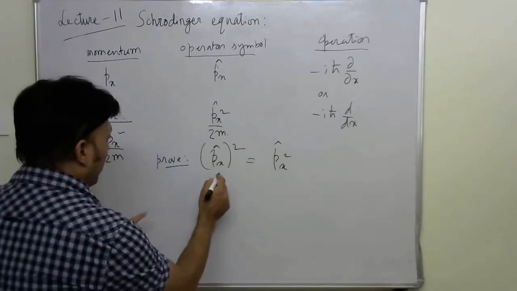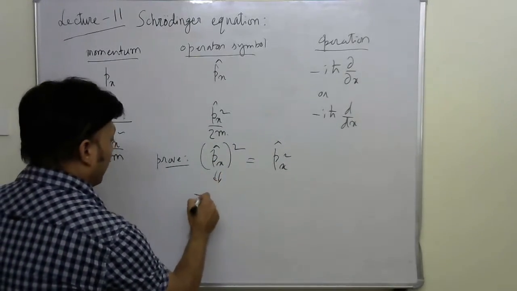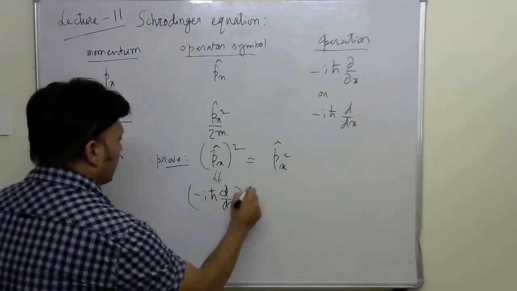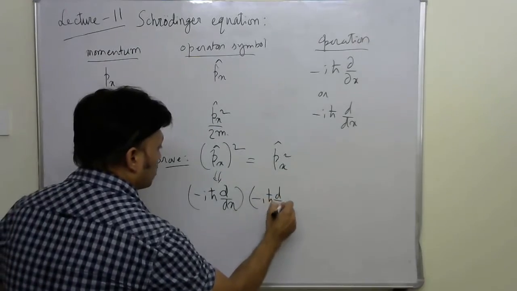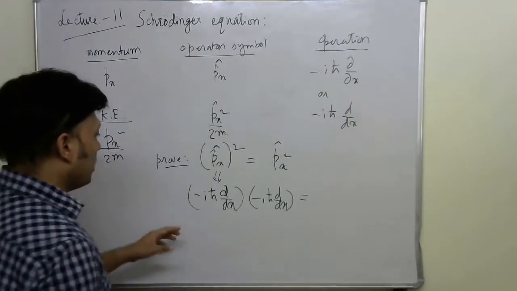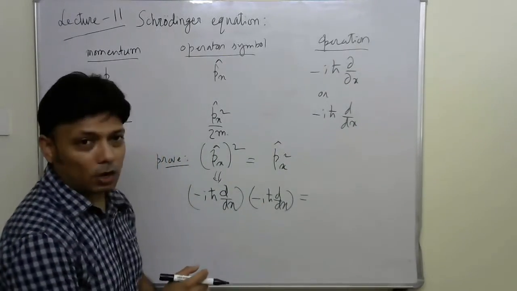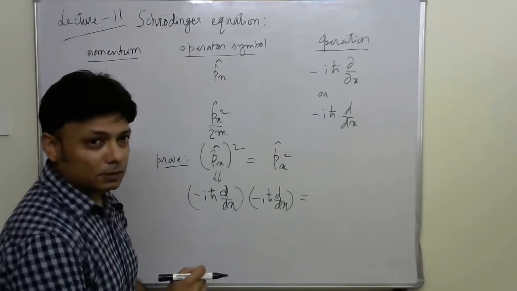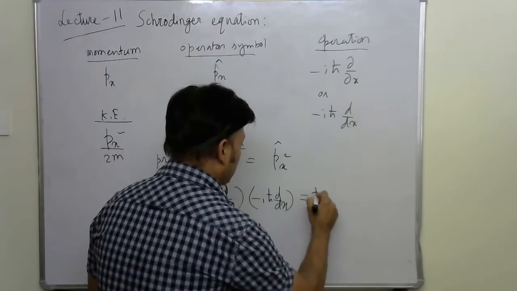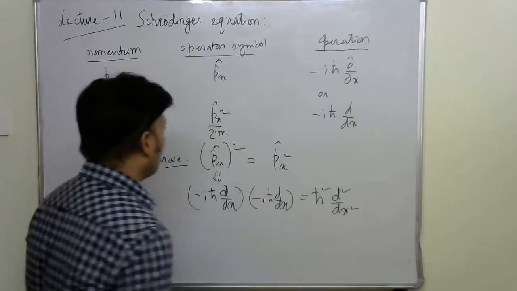Of course, we have to square this px, so we can take d/dx multiplied by minus h cross times d/dx. So you see we'll get a real value here. How? Minus i multiplied by minus i becomes i squared, which means minus 1, and then h cross squared, and then we have d2/dx2.